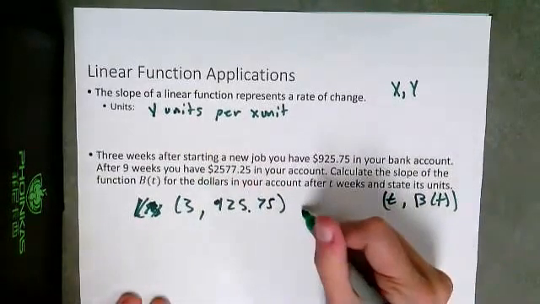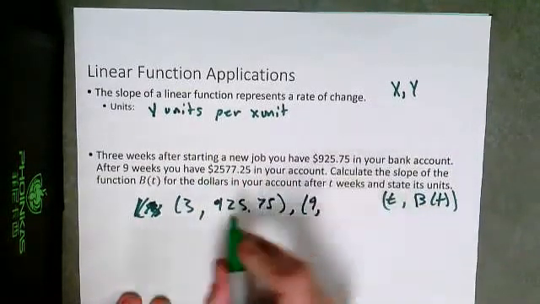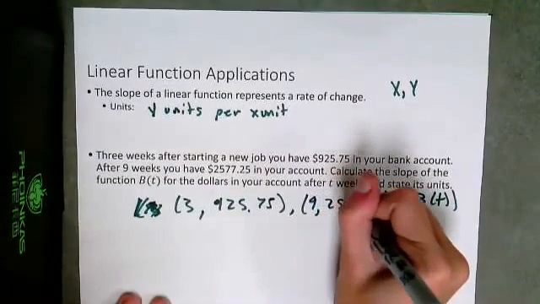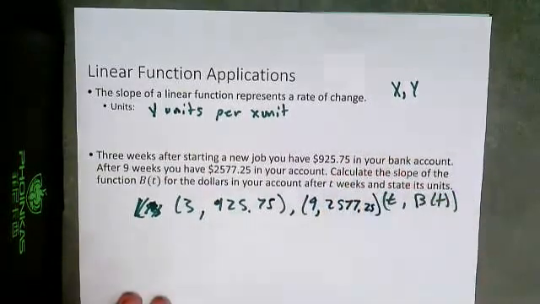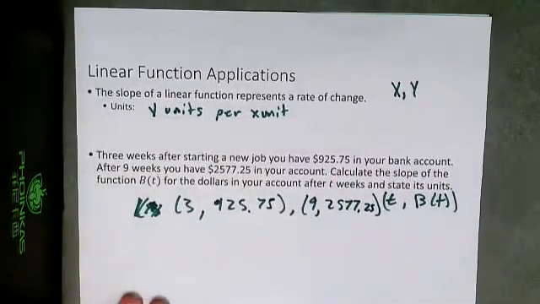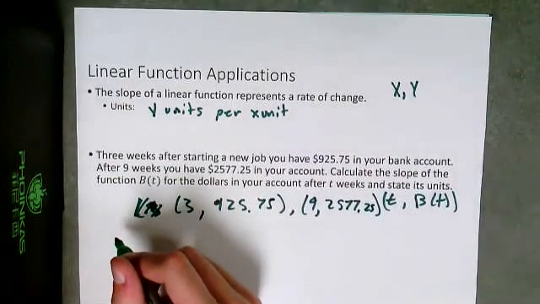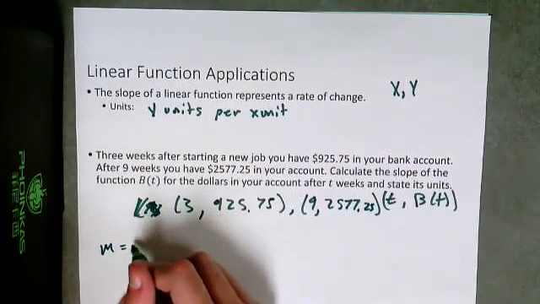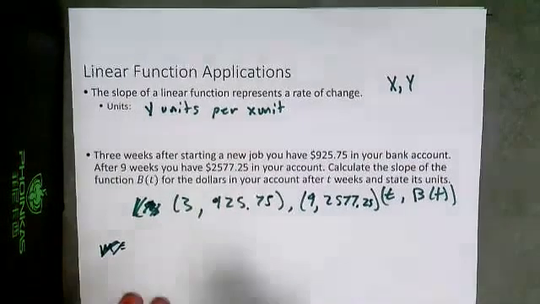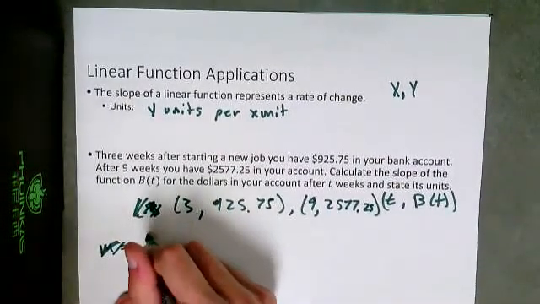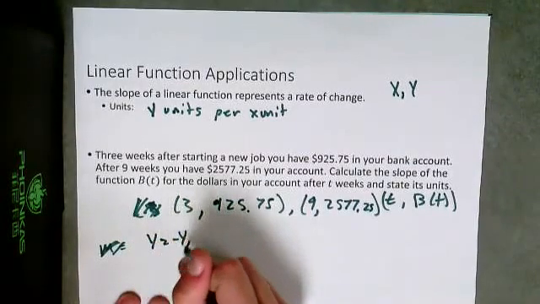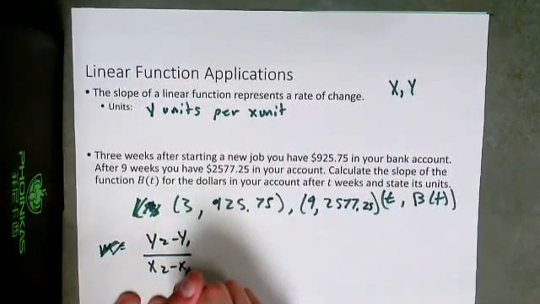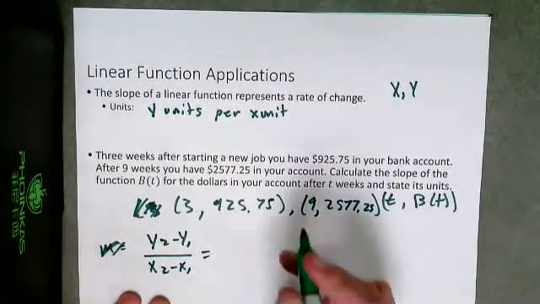And then after 9 weeks, we have 2577.25. Right, those are our 2 points. So the slope between those two: this is y2 minus y1 over x2 minus x1. Doesn't matter which one you choose.